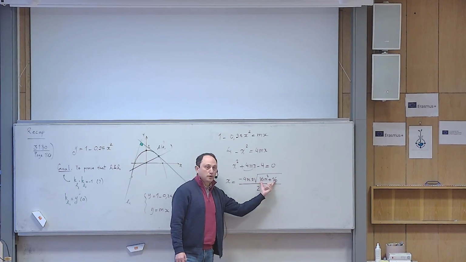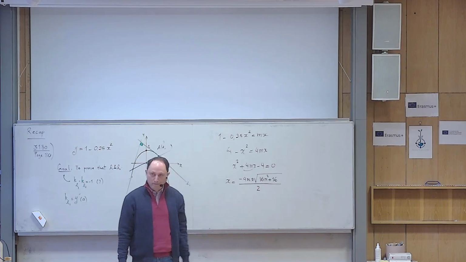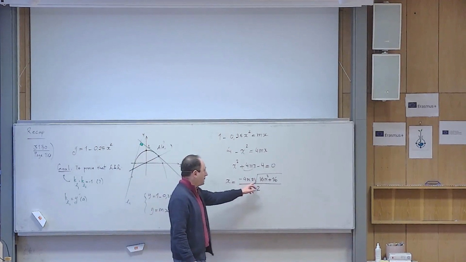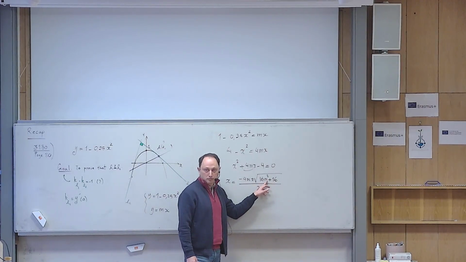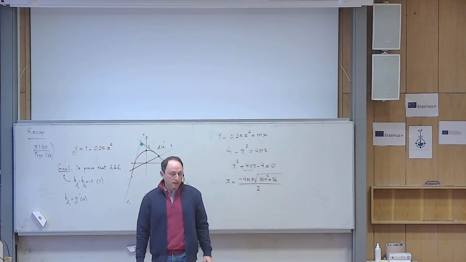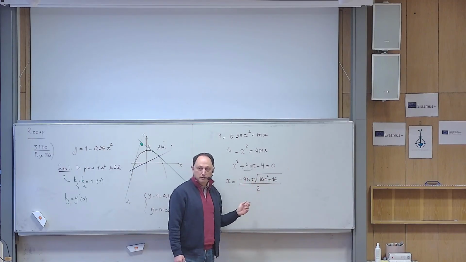Because if under the square root sign turns out to be negative, I do not have solutions at all. But then I will be in trouble. But am I? Am I in trouble here? Why? Because 16m squared is always non-negative, plus 16 is always positive. So I am on the safe side. So this is always meaningful. And then I have 2 solutions, one with positive, one with negative.